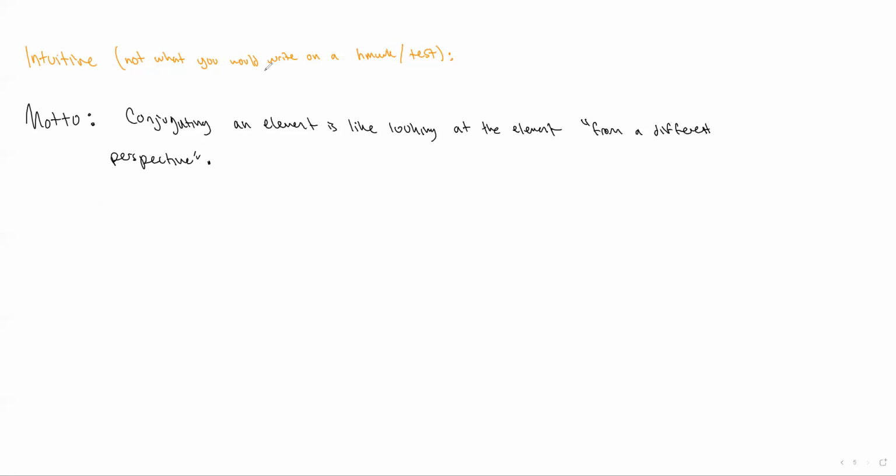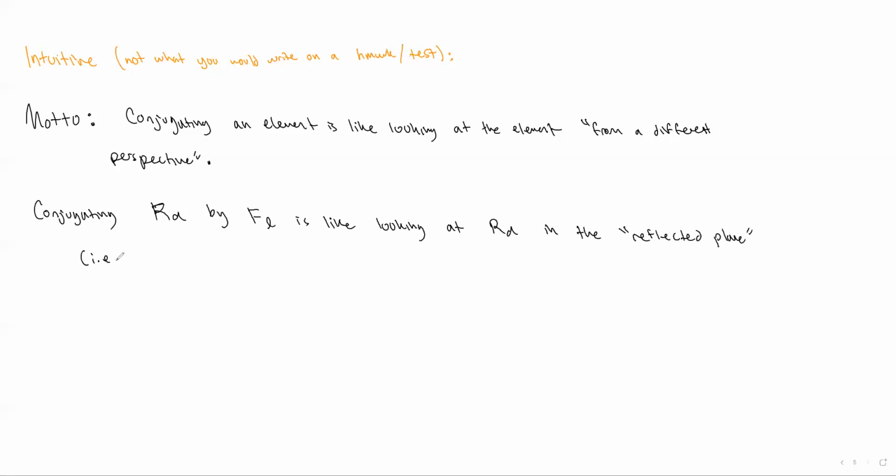In this case, conjugating R alpha by FL is like looking at R alpha in the reflected plane, i.e. the plane after FL has been applied.